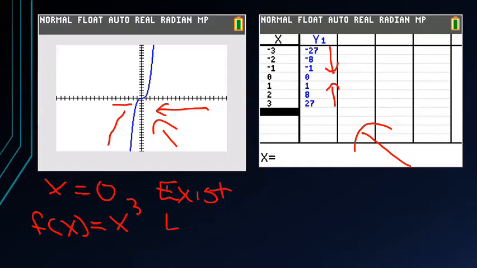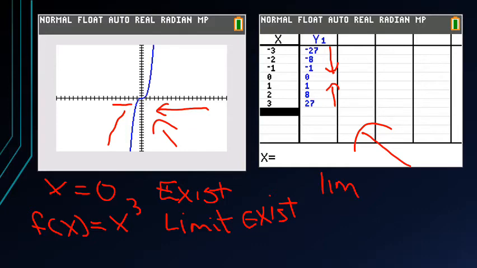Does the limit exist? Well, it would appear that the limit does, in fact, exist, because no matter which direction, whether we're coming from the left or from the right, we're getting closer to that 0. And so I can say that this graph is continuous at x equals 0. And when f of 0 equals 0, then the limit, as x is approaching 0, f of x is equal to 0.